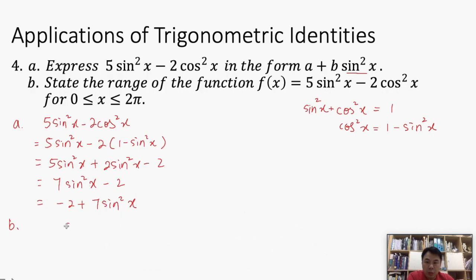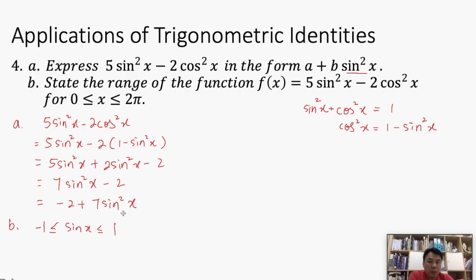We know that the range for sine x lies between negative 1 and 1. So therefore the maximum value for sine is 1. Minimum value is negative 1, but because of the square, it does not make any difference in this case.